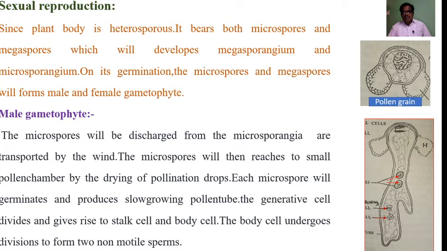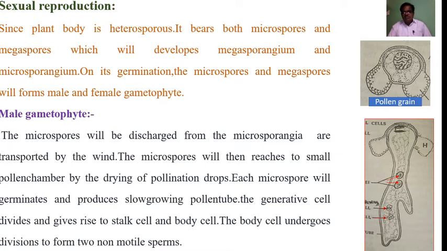When they reach the small pollen chamber by drying the pollen drops, the formation of the male gametophyte starts from this stage.